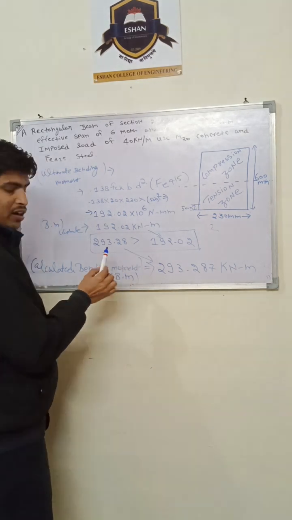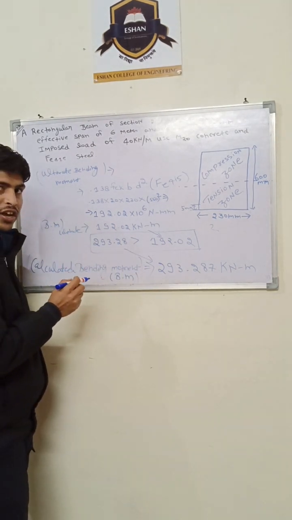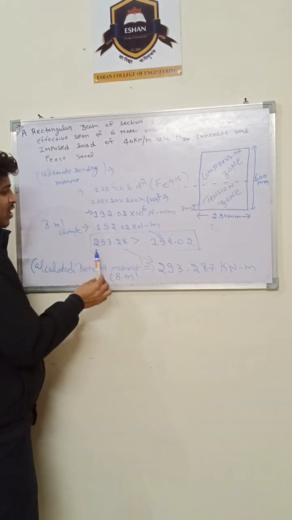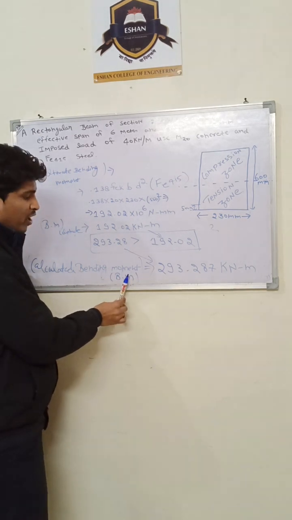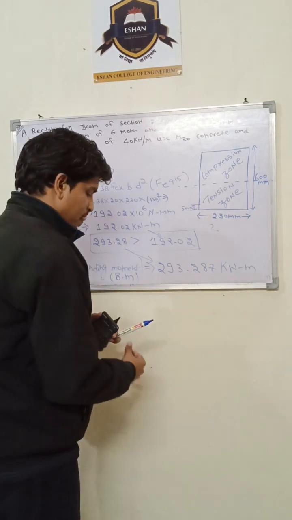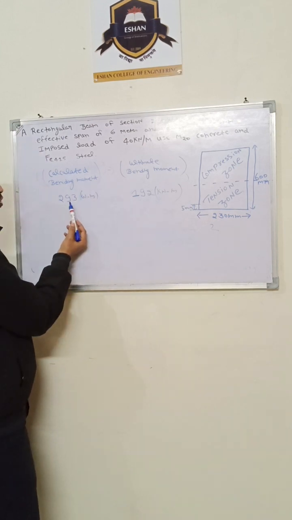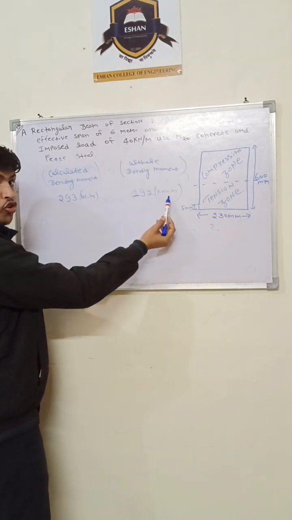When this situation occurs, you always design a doubly reinforced beam. Here we can say the ultimate bending moment is less than the calculated bending moment. That's the reason we always design a doubly reinforced beam. We got the calculated bending moment of 293 kilonewton meter and the ultimate bending moment of 192 kilonewton meter.